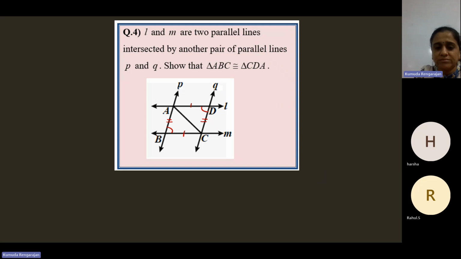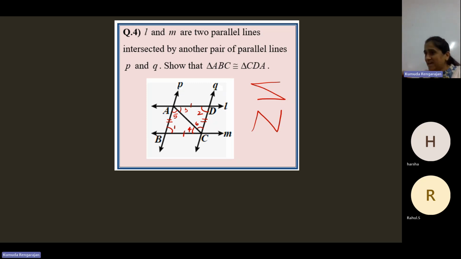Opposite angles are equal. Now let me call this angle 1 and angle 2. And then we also have z's happening here. You have a z. So that means this angle 3 is equal to angle 4. Alternate angles are equal. And you have another z like this or n like this. So here we have angle 5 is equal to angle 6. So much we have.